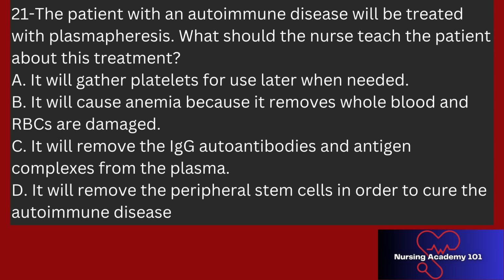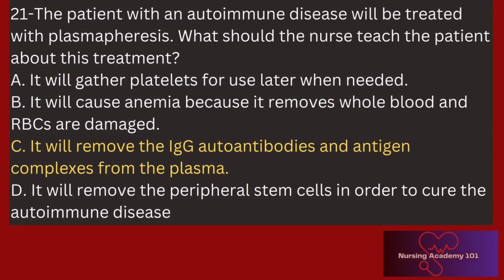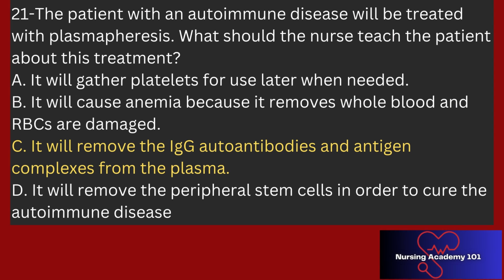C. It will remove the immunoglobulin G, autoantibodies, and antigen complexes from the plasma. D. It will remove the peripheral stem cells in order to cure the autoimmune disease. The answer is C. It will remove the immunoglobulin G, autoantibodies, and antigen complexes from the plasma.